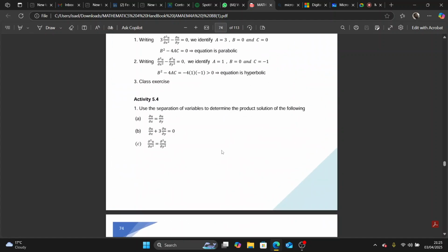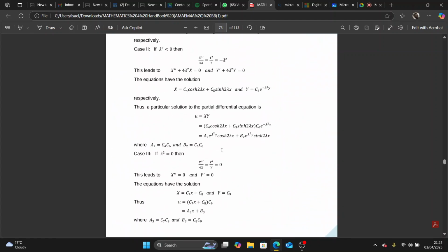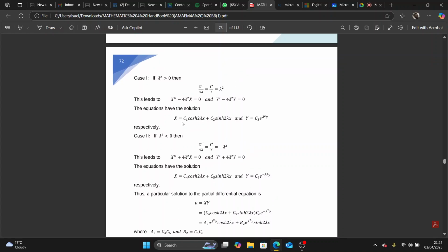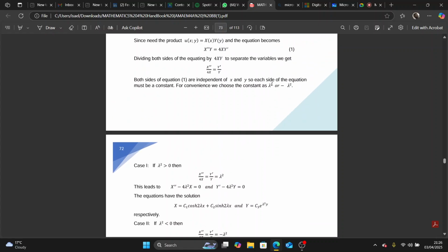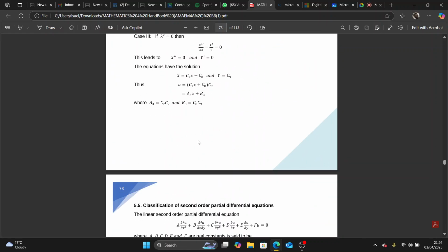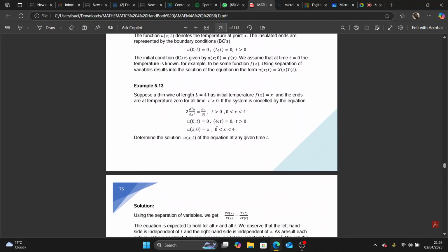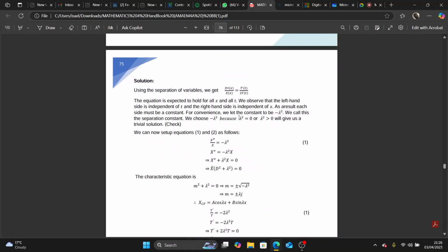Remember, if you read earlier on, you have different types of solution. You can go lambda greater than 0, lambda less than 0. It's either this or minus. Now there's a specific reason why, when it comes to this equation, we always use minus lambda. They said we call this the separation constant. We choose minus lambda square because lambda square equal to 0 or lambda greater than 0 will give us a trivial solution.